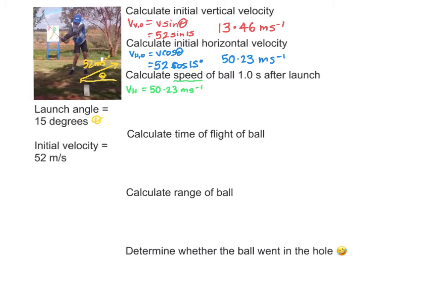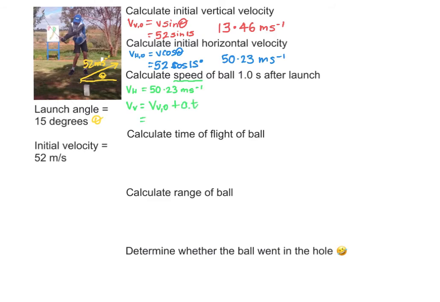However, gravity is acting in the vertical direction and it's slowing the ball down as it goes up. So it's acting in the opposite direction. It's negative. The acceleration due to gravity is 9.8, and it'll be negative 9.8 because it's downwards. So V vertical will equal V vertical initial plus acceleration times time.